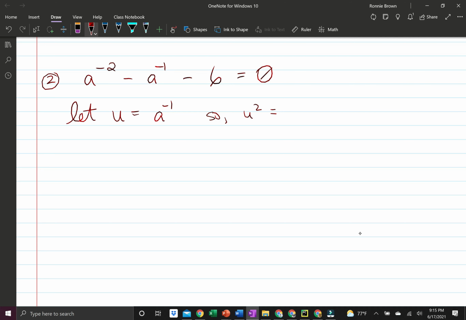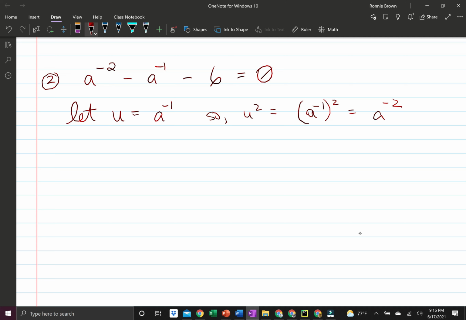Well, all that does is raise a to the negative first power to the second power, right? So that basically says a to the negative first power, raising it to the second. So that gets us a to the negative second. Alright, and we see that that's our first term.